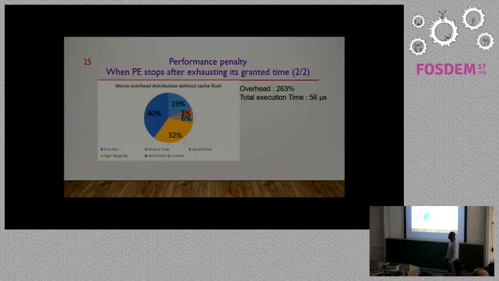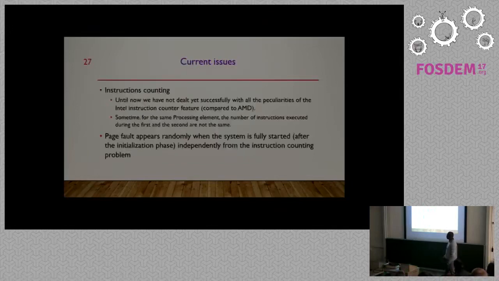And maybe I must also say that when we stop the process, we have to know at which instruction it stops. So what we do now is to count the number of instructions. For this, we use the Intel instruction counter feature that exists in every CPU.